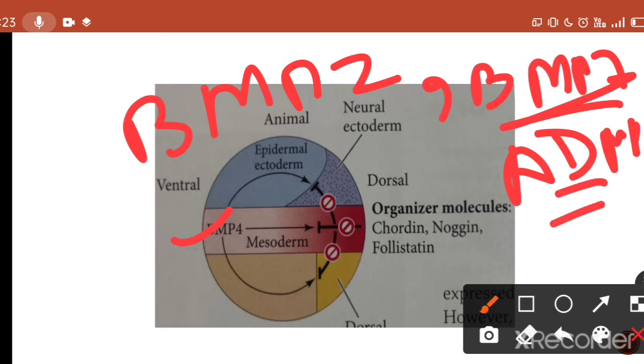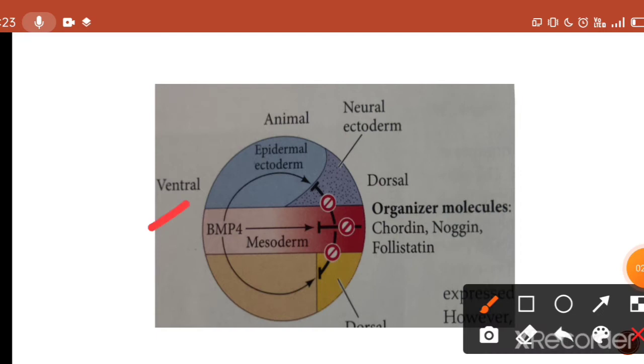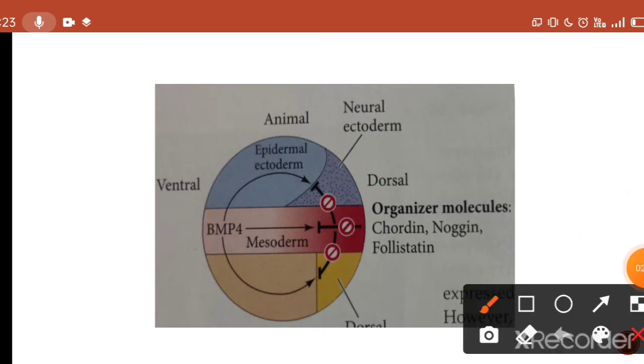These BMPs are expressed throughout the ectoderm. As we can see here, this is the ectodermal portion. So BMP4 is expressed throughout the ectodermal and mesodermal region of the late blastula.